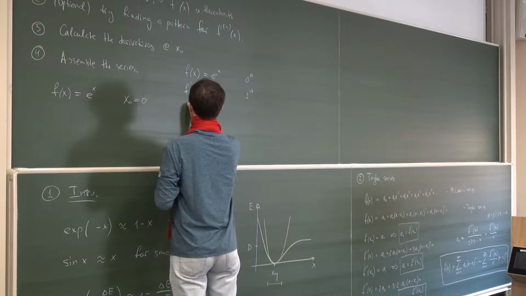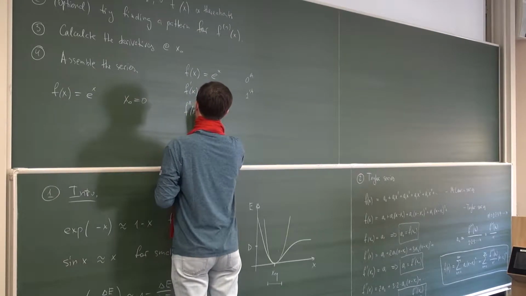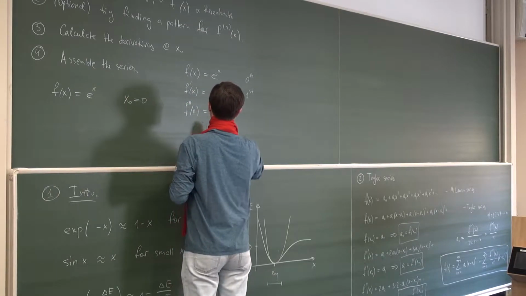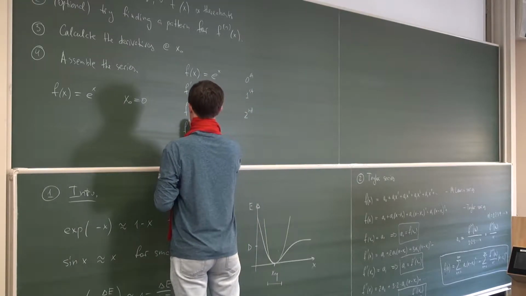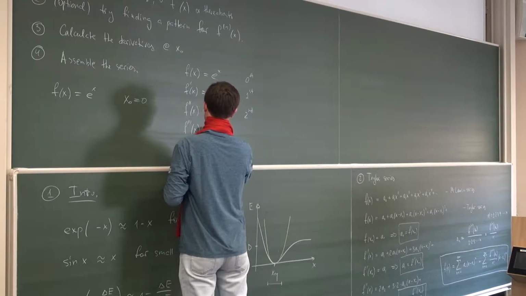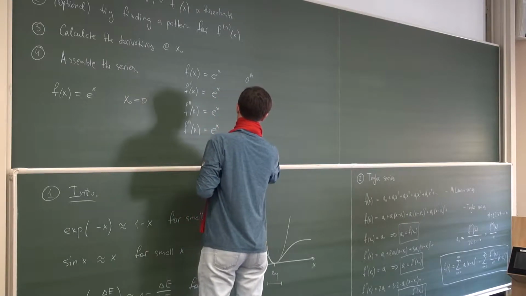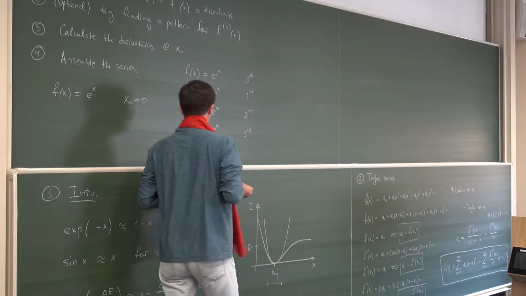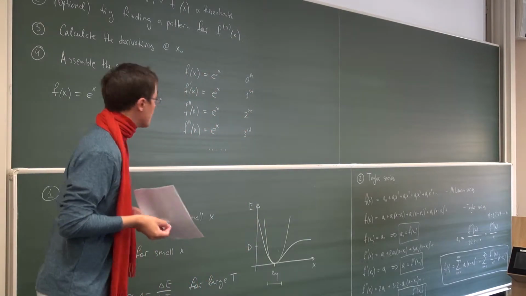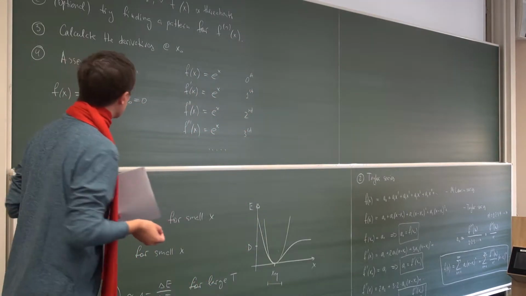First derivative. F double prime of x, e to the x. Second derivative. F triple prime of x, e to the x. Third derivative. And so on. Probably the luckiest case in mathematics because it doesn't really change.